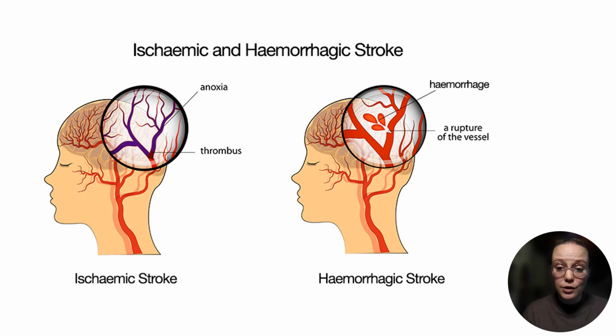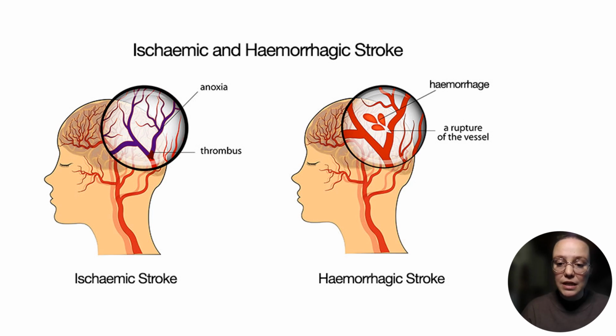This is a graphical illustration of an ischemic, or a clot or thrombus-based stroke, on the left and a hemorrhagic on the right. Two causes can result in an ischemic stroke. Ischemic literally means a blockage occurring somewhere. So in the left image, you can see they have the word thrombus.